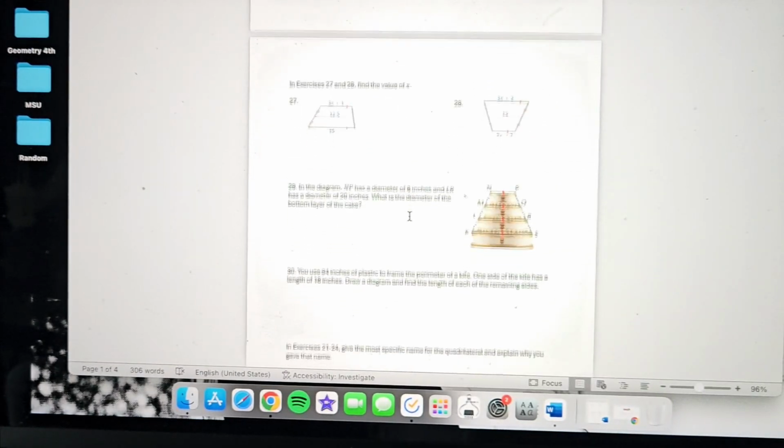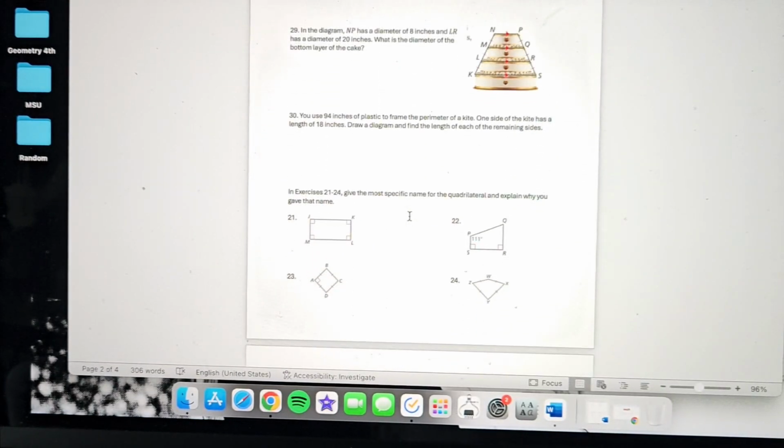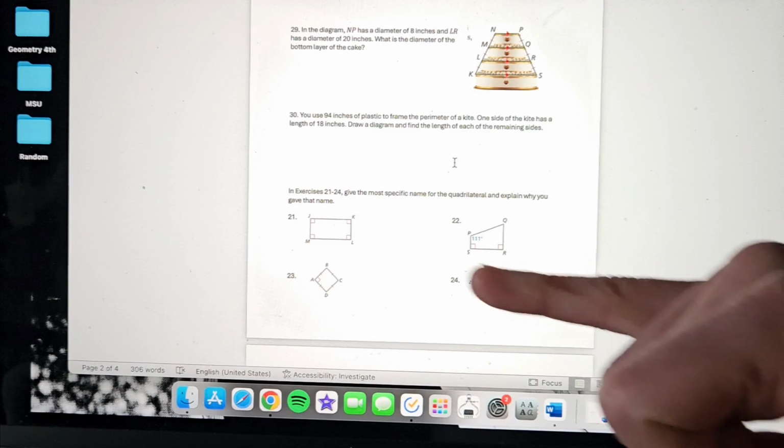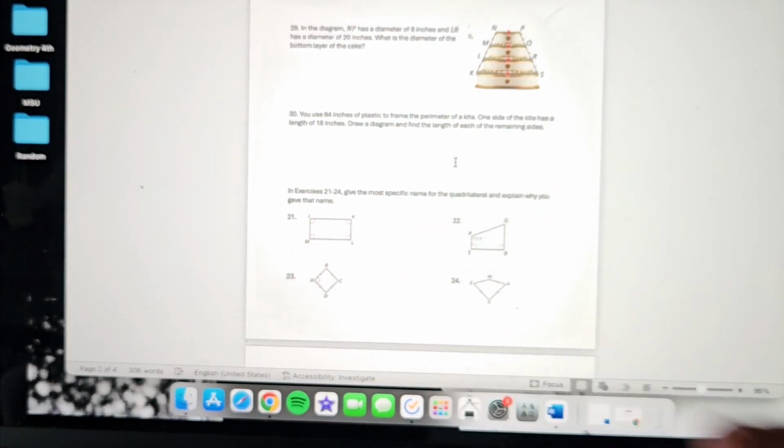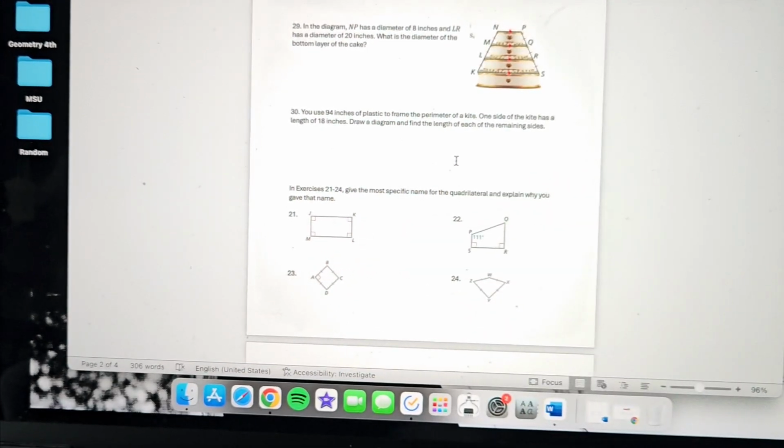And then I also put a lot of 7.4 stuff into it where we need more practice on giving specific names of quadrilaterals. For this one, yes, it's a rectangle, or it could be a square, kind of 23 as well.